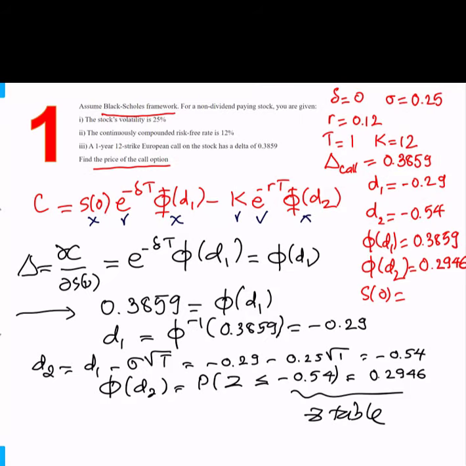Let me change the color again. Remember that S0 is in the formula of D1 and D2. So in order to find the current stock price, you can use either D1 or D2. Here I'm going to use D1.